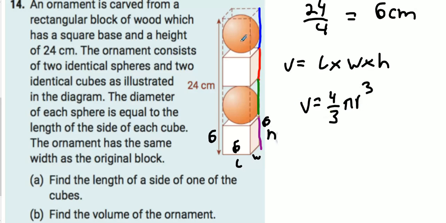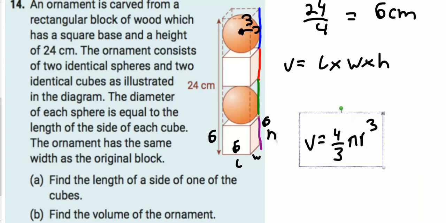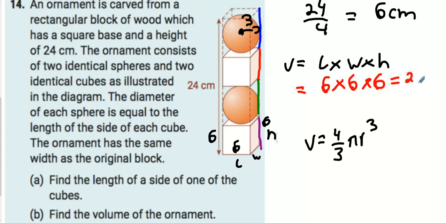Now, what's the radius? Yeah, it's 3. And what do you get for the volume of the cube? Who did 6 by 6 by 6? Centimeters cubed.